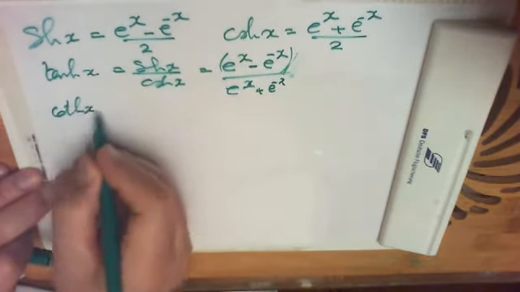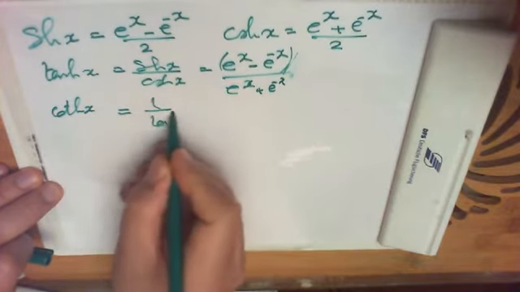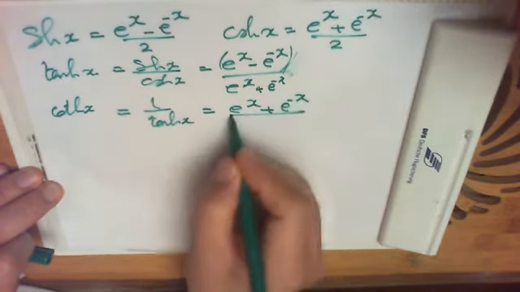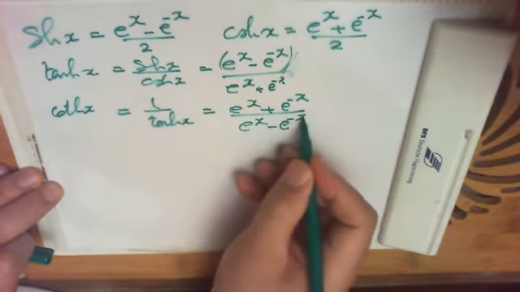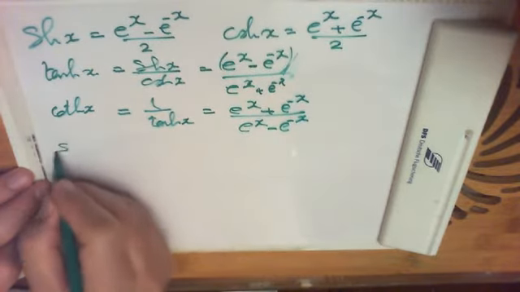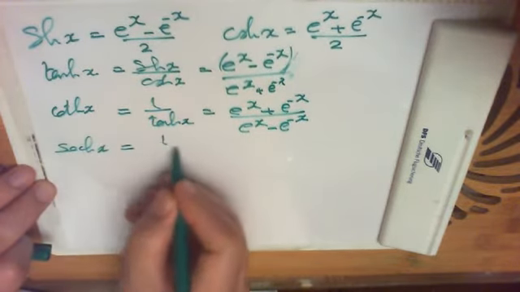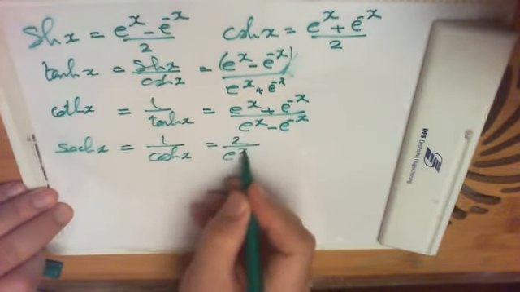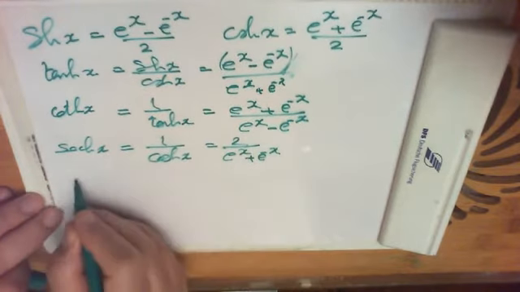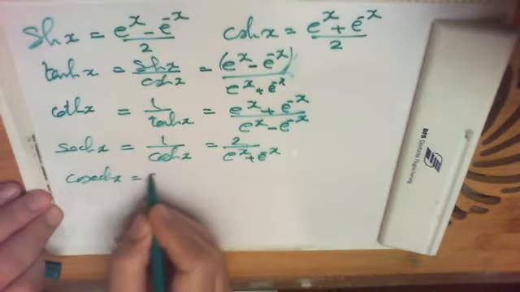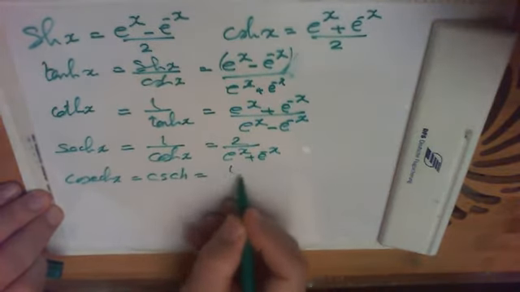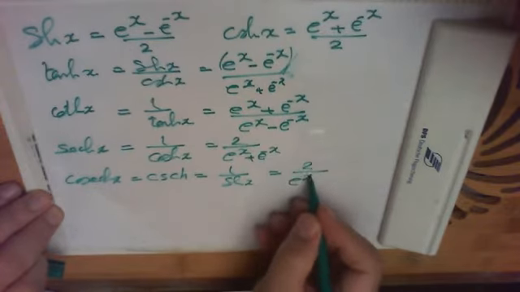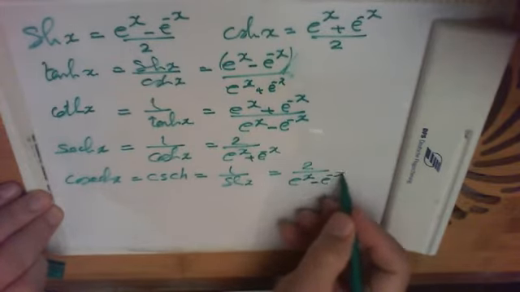Coth x is defined as 1 over tanh x, so it is e to x plus e to minus x divided by e to x minus e to minus x, and sech x is defined as 1 over cosh x, which is 2 over e to x plus e to minus x, and finally cosech x, which is 1 over sinh x, is defined as 2 over e to x minus e to minus x.